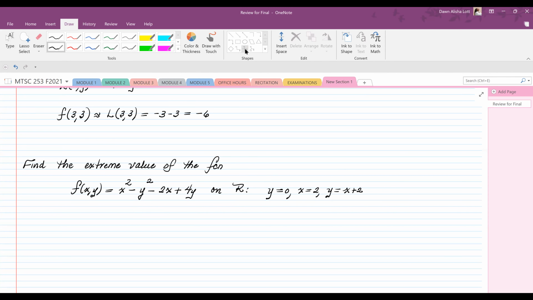Okay, so if you drew that, you have y equals 0, which is that line, and then x equals 2, which looks like this. And y equals x plus 2. So this is 2. When x is 2, this is 4. So that would look like this.